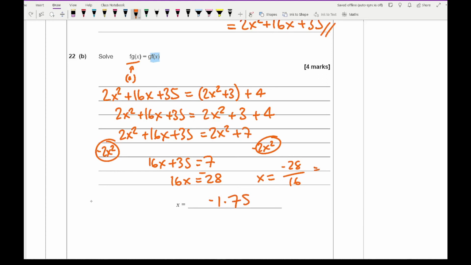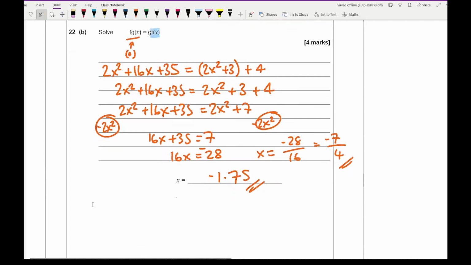And we could simplify dividing both numbers by 4, so we get minus 7 over 4, and either of those would be absolutely fine.